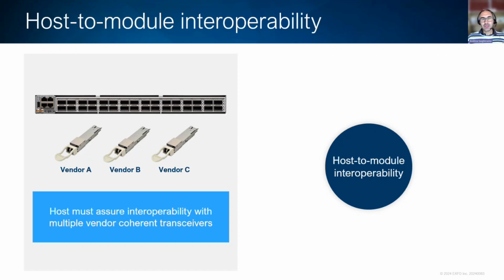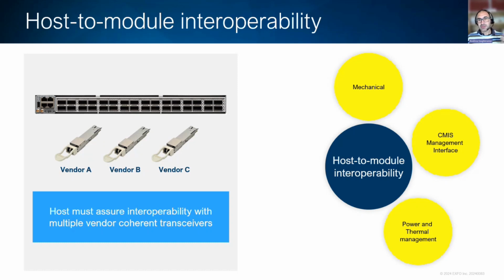Standardization activity has been completed by several standards bodies like MSAs, OIF, and OpenZR+, in order to address some of the key aspects of this interoperability, specifically host to module interoperability, like mechanical compatibility with the host, the standardized management interface.